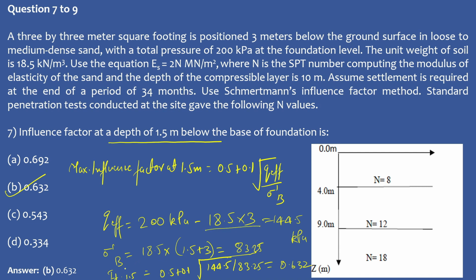Then at the depth of interest, you add the depth of your point of interest, which is 1.5 plus 3, and accordingly you get your Q effective as well as sigma dash b, and then you can calculate IF at 1.5 meter. So that was question number 7.